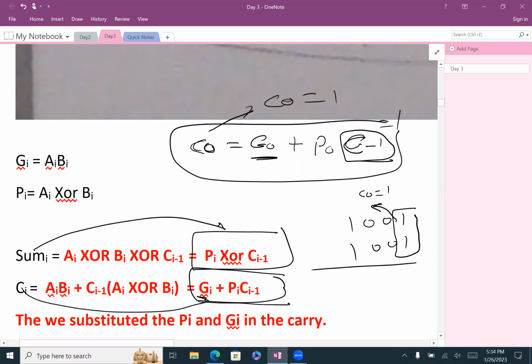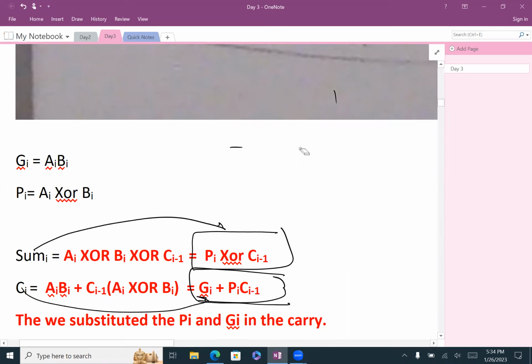Now, we don't have to go through all of them, Z0, 1, 2, 3. If I delete that and ask a simple question: can you find C3 for me without doing any equation? Think about it. When will you have carry?